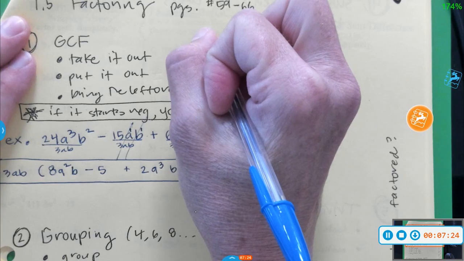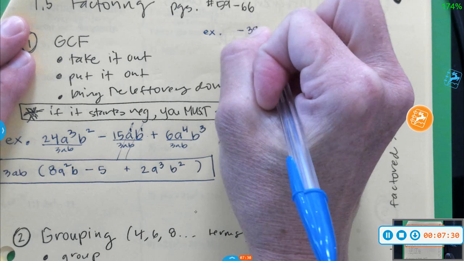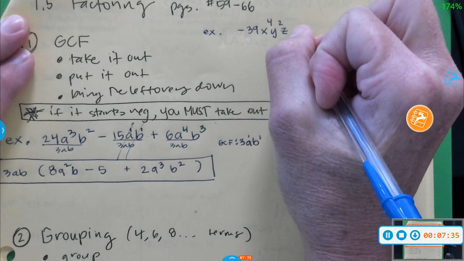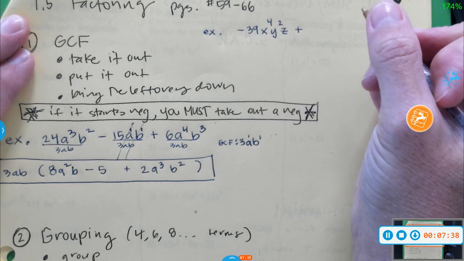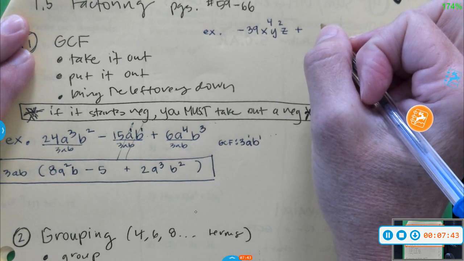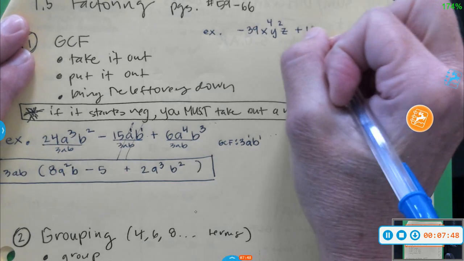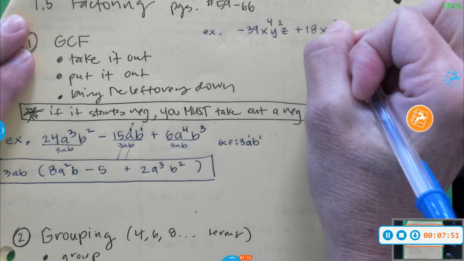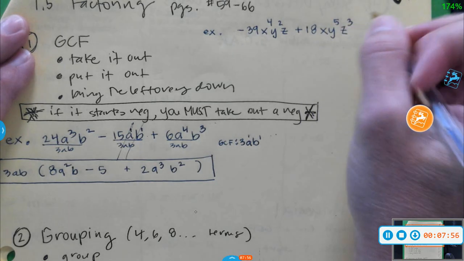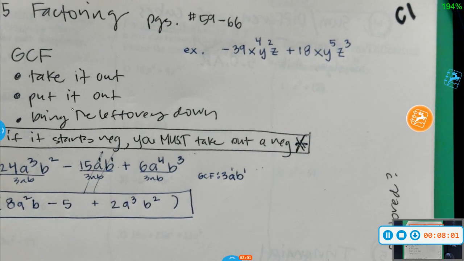Let's do negative 39 x to the 4th y squared z plus 18 x y to the 5th z to the 3rd. This is a greatest common factor problem.